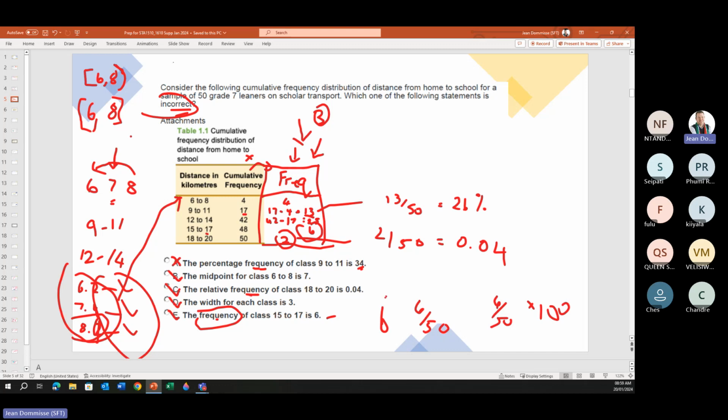Frequency is the number. Relative frequency is when you have a decimal number, and then percentage is when you work out the percentage. Okay, so this is the first one that we have around the data concept.